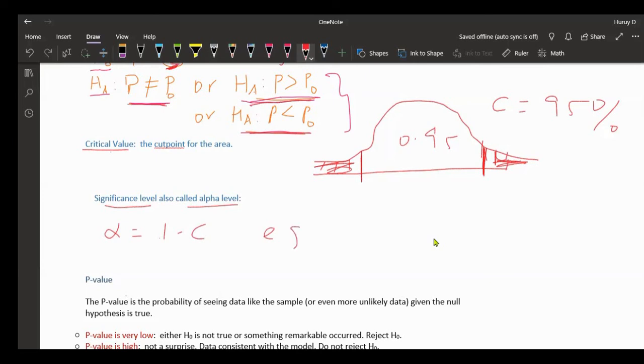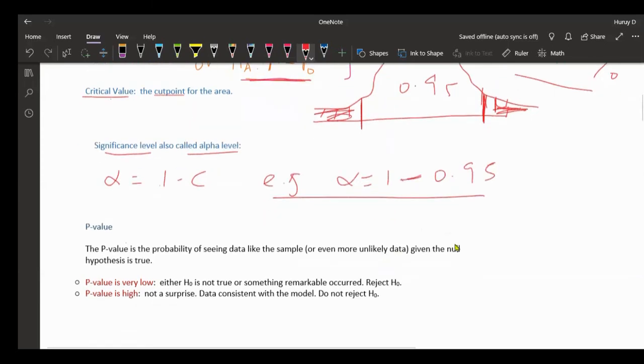So as an example, I can write alpha equals 1 minus 0.95. Okay, so this is just an example, but in general, alpha is just 1 minus C, which means basically alpha is the leftover. If I give you a confidence level, then what is the leftover? Let's say if this is 99, then it will be 1 minus 0.99. That's what we call the alpha level.